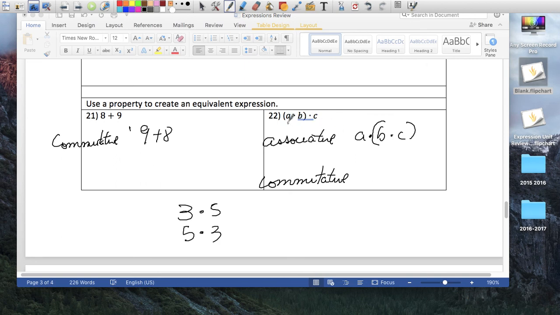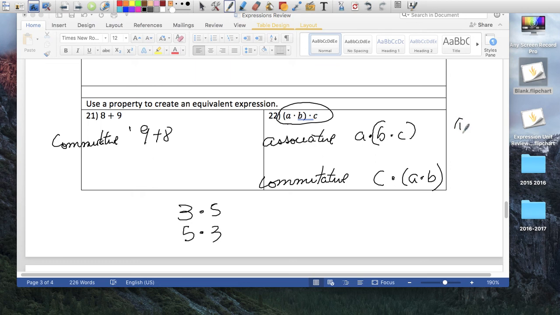Going back to this, I'm going to switch the A and B. That's going to go to the back, and I'm going to bring the C to the front and switch places. Just like I switched the 3 and 5 to 5 and 3, I'm going to switch the A and B, which is considered one item, and I'll put that in the back and then move the C to the front. Did I change anything? No, I just created a new expression using the commutative property.